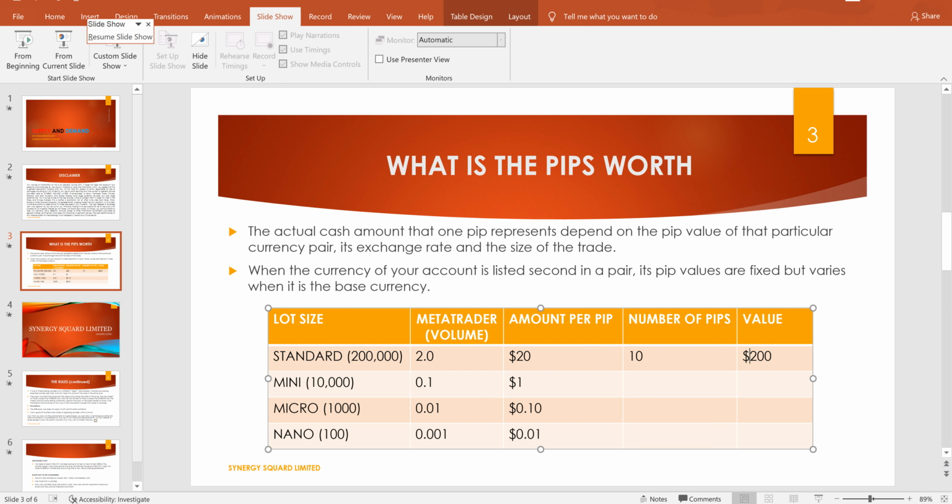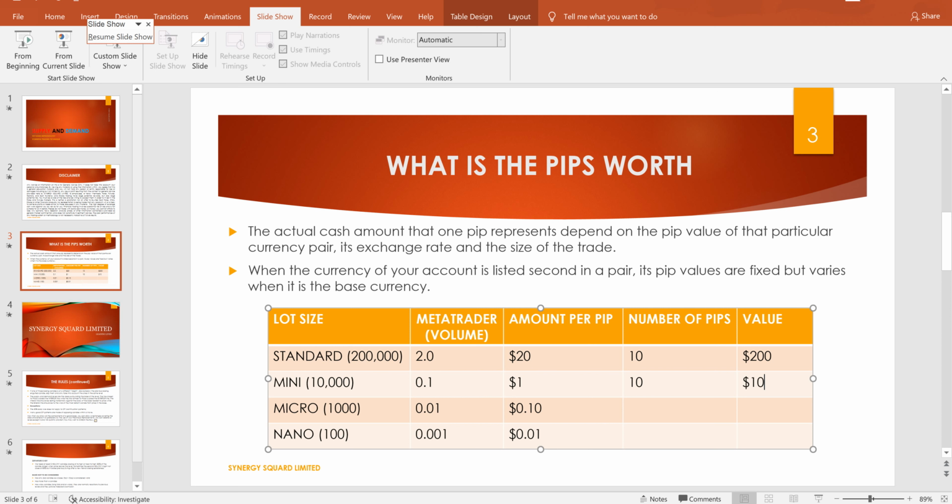Then what if here this particular mini lot, we made 10 pips on this very mini lot using 0.1, and the value or the amount per pip is $1, then what should it be by 10 pips? It simply means $1 times 10.